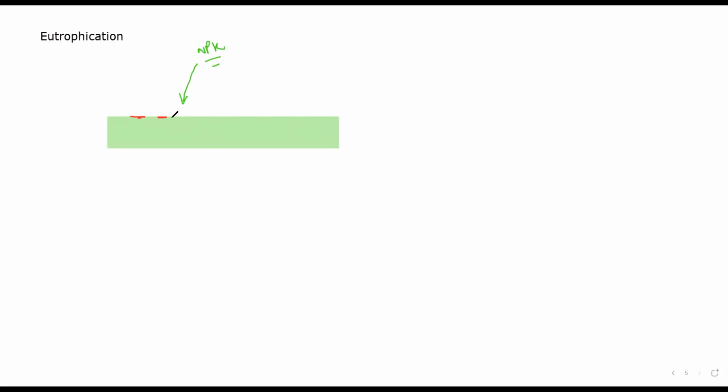Normally, these fields, agriculture or farmlands, are near a water source. So if there is too much rain in the area, what will this rain cause? This will cause a flood. And the water from the flood will dissolve or take these essential nutrients, and this water will enter the river.